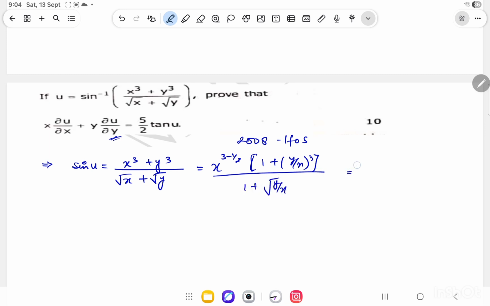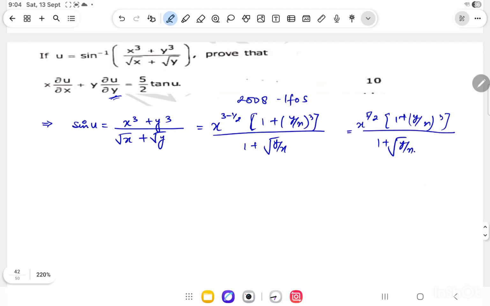So this is x raised to 5 by 2 into 1 plus y by x cube divided by 1 plus under root y by x. So you can observe that sin u is basically a homogeneous function with degree 5 by 2. So let us assume that z is equal to sin u and degree is equal to 5 by 2.